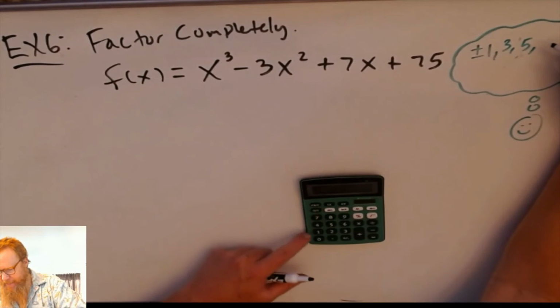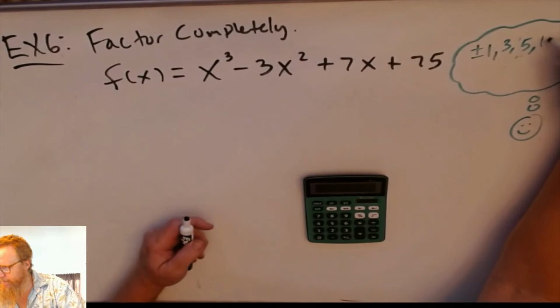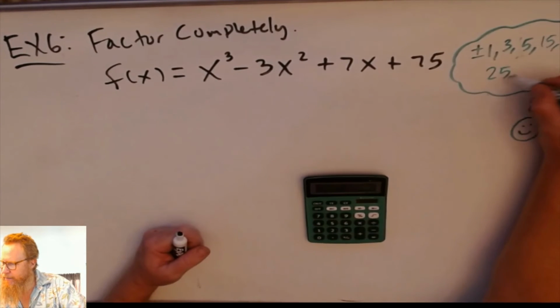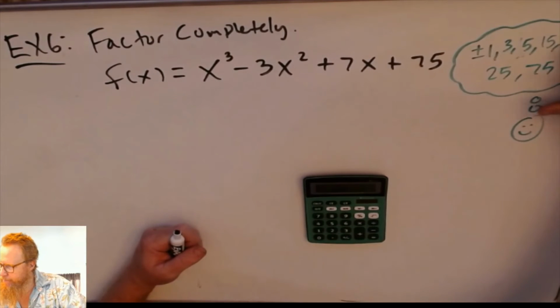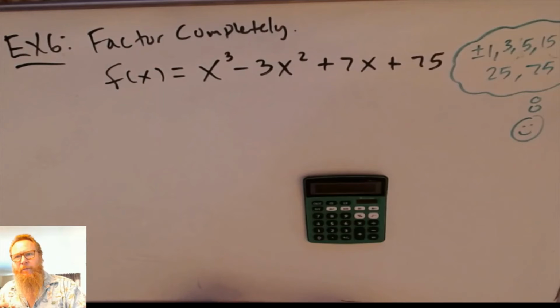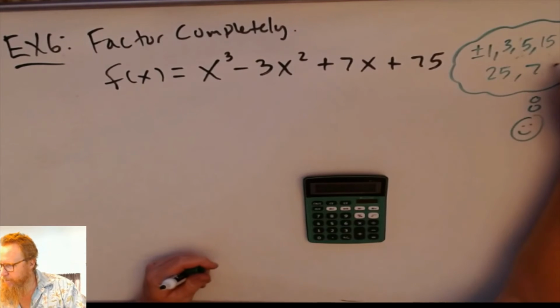How about 15? 75 divided by 15. Yeah, 15. 25 and 75. 1, 3, 5, 15, 25, and 75.